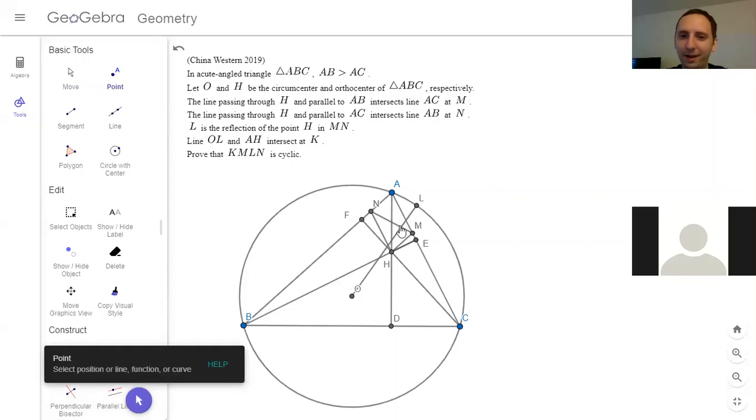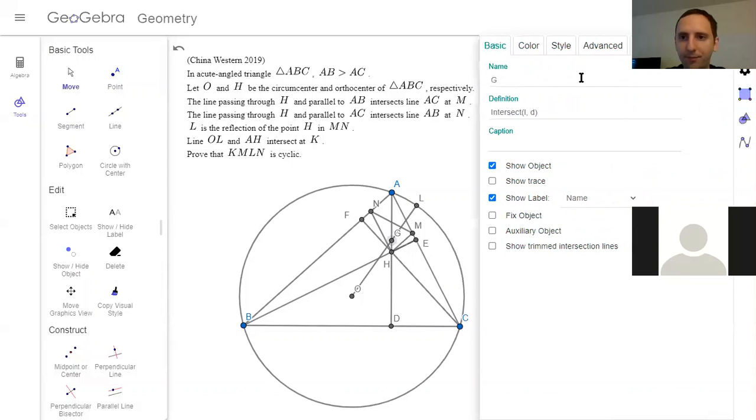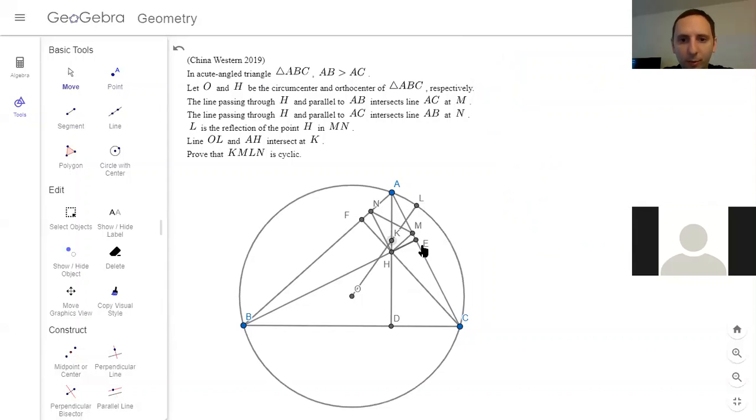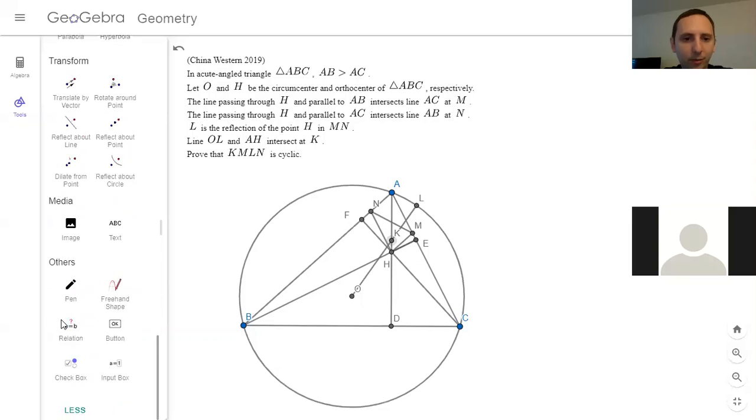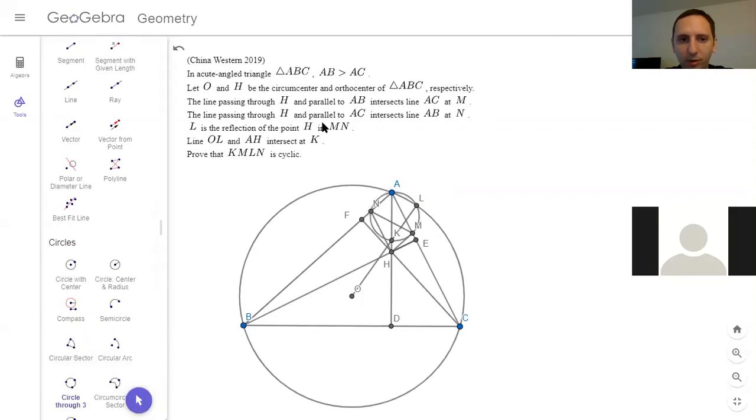I know someone wrote a book, and Q points are in it. So OL intersects AH at K, and we want to show that KLMN is cyclic. Well, we know ALMN is cyclic, so we just want to show K lies on that same circle.